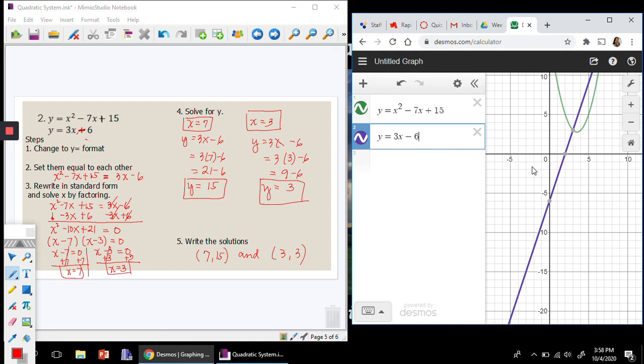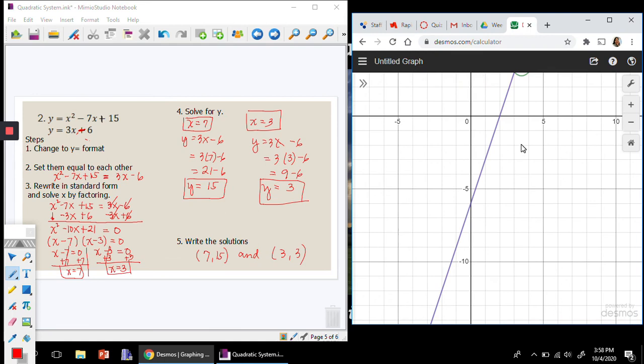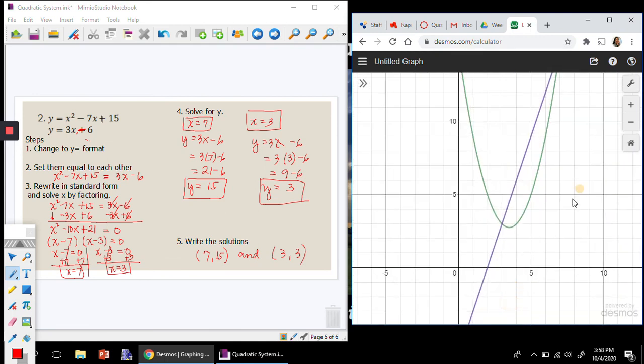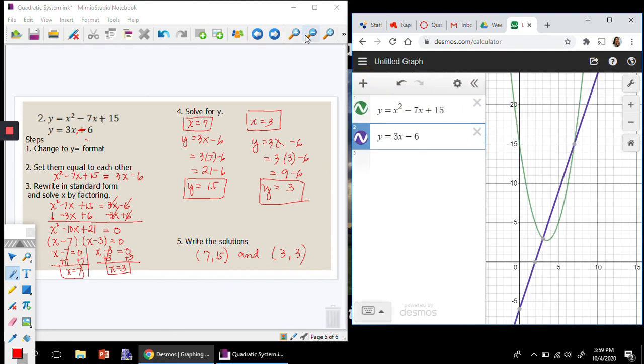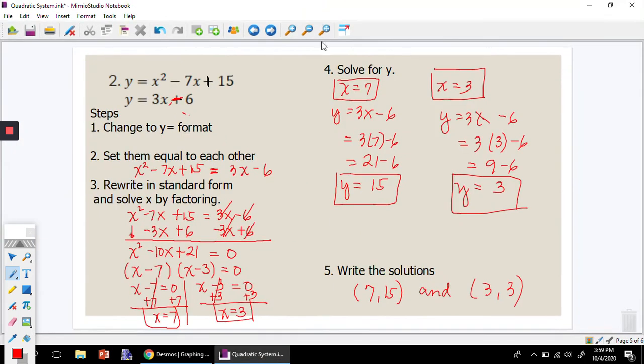Okay, let us look at the graph and look for the intersections of these two graphs. You have 3, 3 and 7, 15. So 3, 3 is one of the intersections, 7, 15 is the other intersection, therefore the solutions are 3, 3 and 7, 15. So that's how you do it by graphing. Okay, so that's easier.